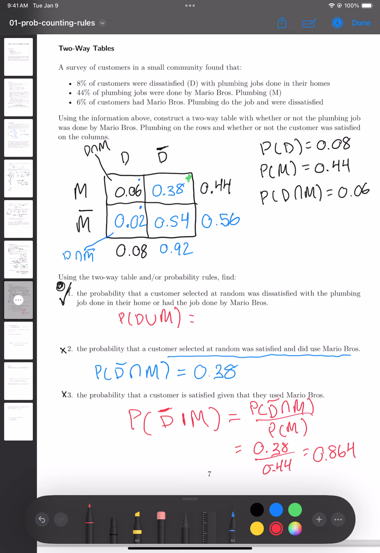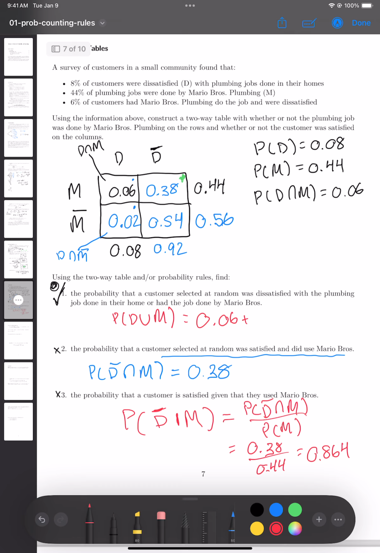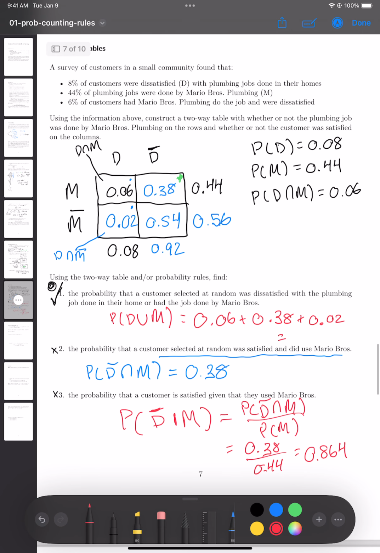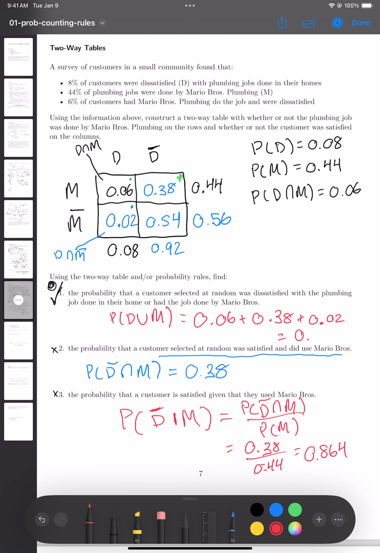But I'm going to use this table, and I'm going to look for any of the cells where D has occurred or M has occurred. That happens in the top left cell, because both D and M occurred there. That happens in the top right cell. And that happens in the bottom left cell. This is just an alternative to the additive rule. You'd wind up with the same answer if you applied that additive rule. You should still wind up with 0.46.